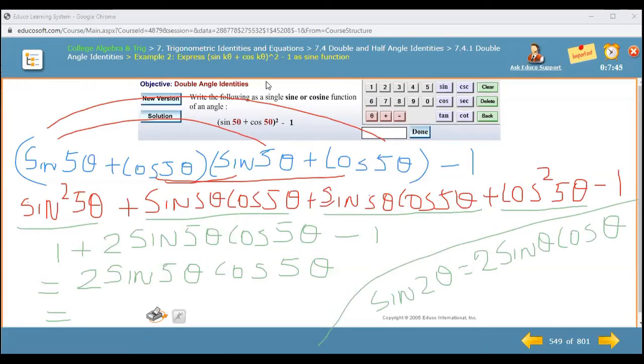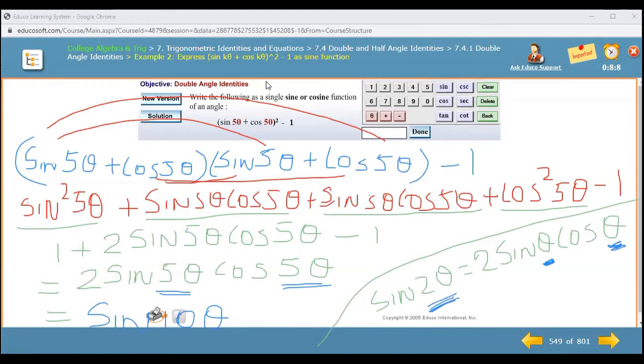It means if the angle over here is theta, then the angle on the left hand side will be twice of theta. So if the angle over here is 5 theta, what is 2 times 5 theta? 10 theta.